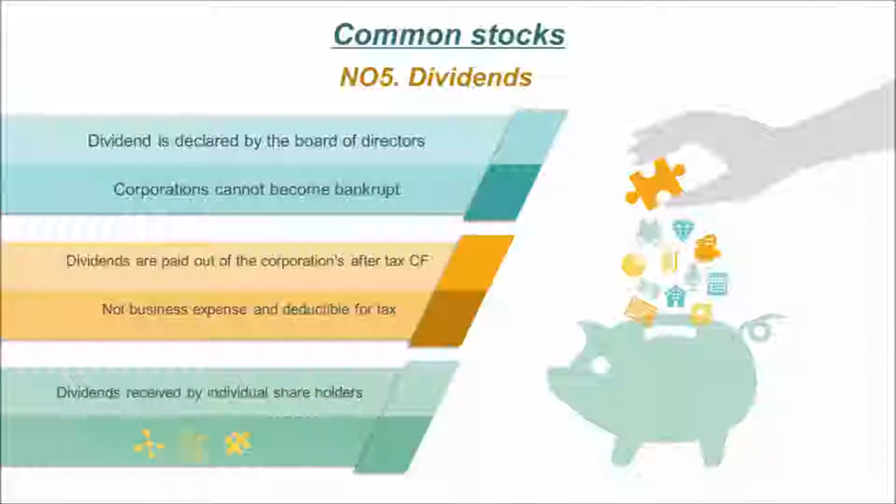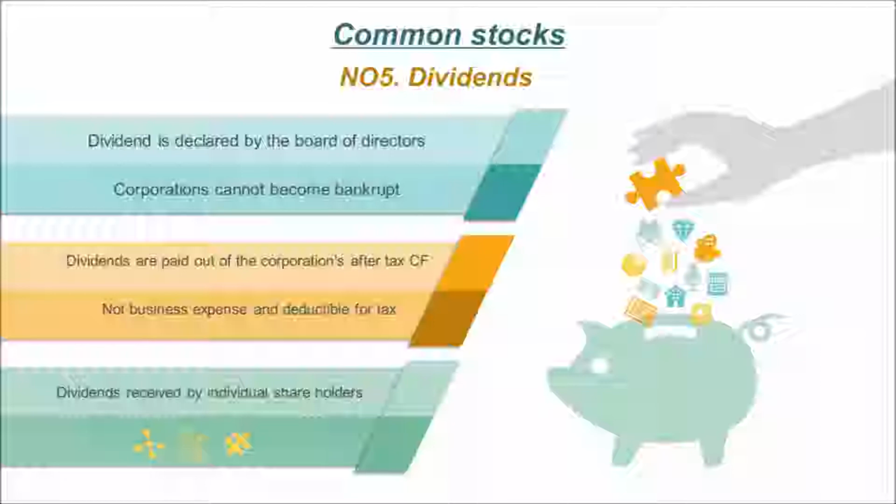And we have dividends. Corporations are legally authorized to pay dividends to shareholders. The payment of dividends is at the discretion of the board of directors. So first, unless a dividend is declared by the board of directors, it's not a liability of the corporation.